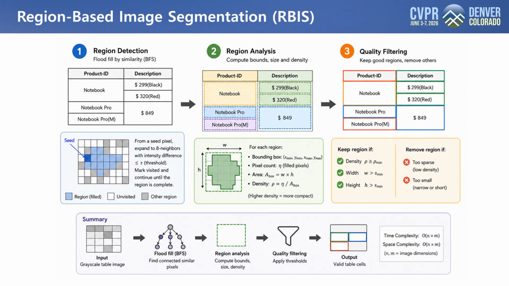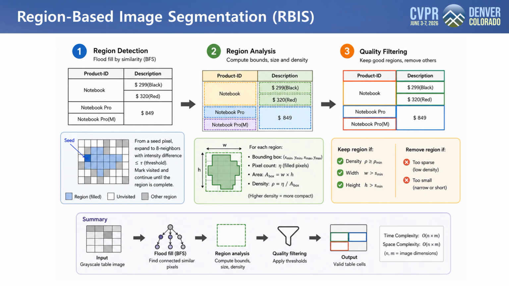The encoder-decoder model handles most tables well, but struggles with large, dense tables that have all borders visible, a very common format in enterprise and marketing documents. For this, we designed a complementary module, region-based image segmentation. The algorithm works in 3 phases. First, region detection, starting from each unvisited pixel. A flat fill expands connected regions of similar intensity with a tolerance of intensity levels.